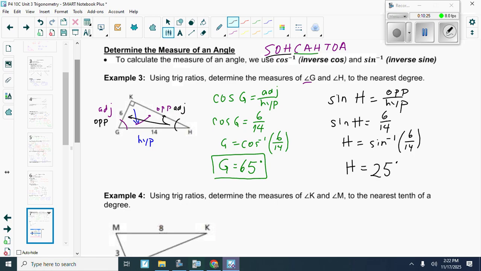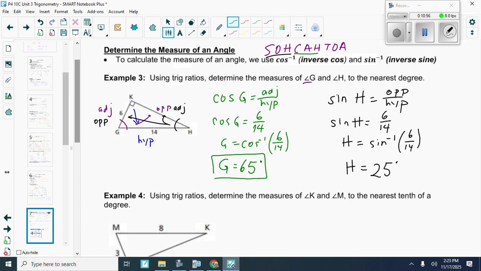Now we did it this way because the question asked to use trig ratios to find the angles. But if I didn't have to use a trig ratio to find this angle, what else could I have used? Remember on Friday we talked about a theorem, the triangle sum theorem.